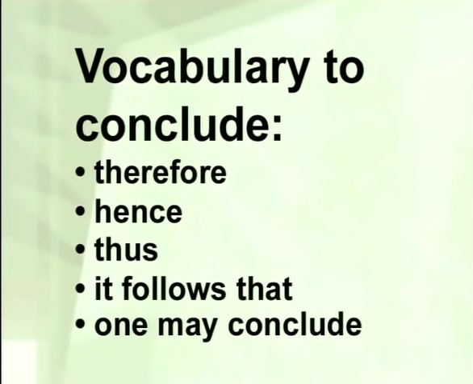Now let's look at the kind of language, the words, which we can use to conclude an argument. Therefore, hence, thus, it follows that, one may conclude. Clearly, these words will indicate to a reader or a listener that the speaker or writer is concluding the argument. Let's have a look at one of these arguments and how these words can be used.